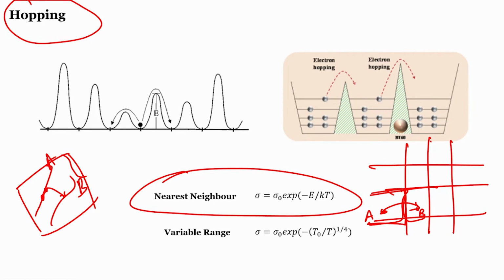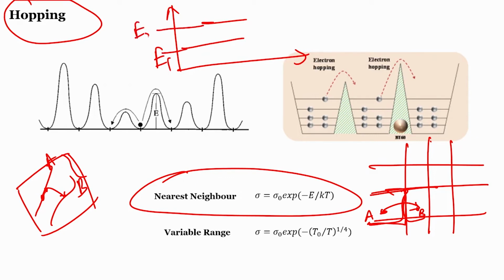The highlight of nearest neighbor, if I were to draw it in terms of energy, so let us say this is E1 and this is E2. The electron, let us say, is here, and this separation, let us say, is E delta.